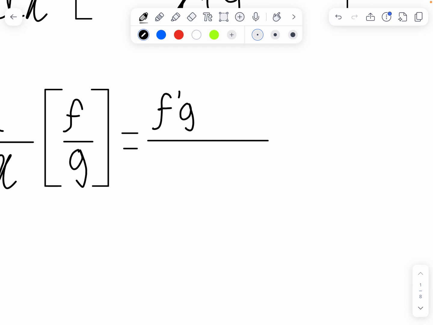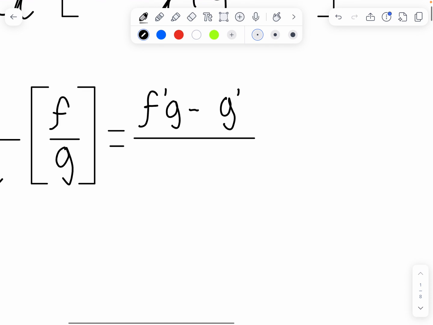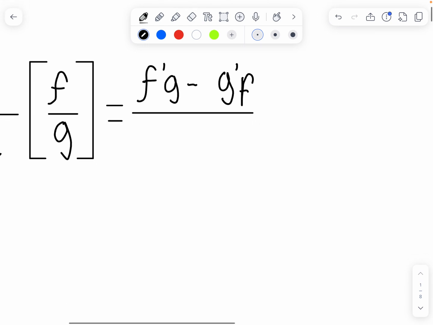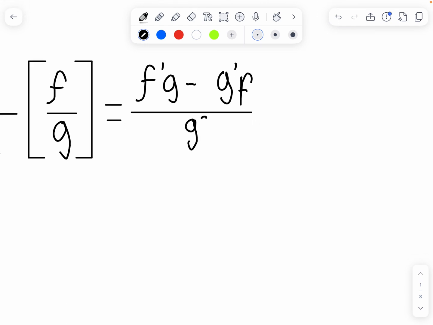So f prime times g minus g prime times f, and this is all going to be over g squared. Okay, so hopefully you've done that. So that is how we do that.